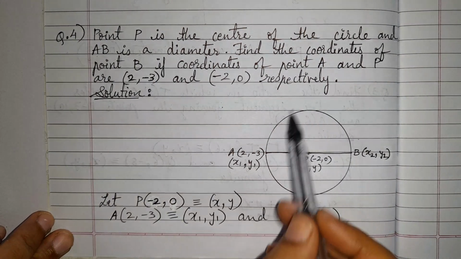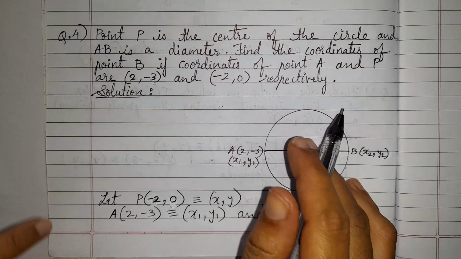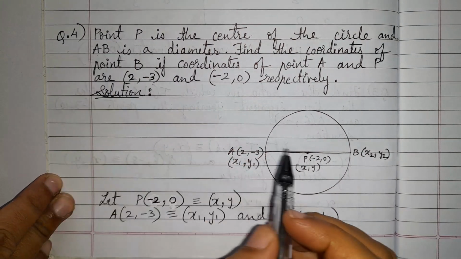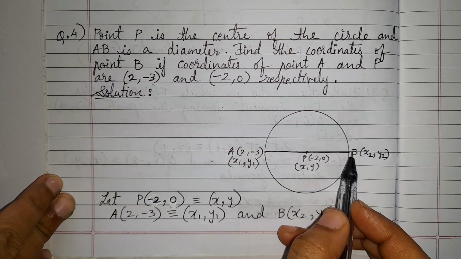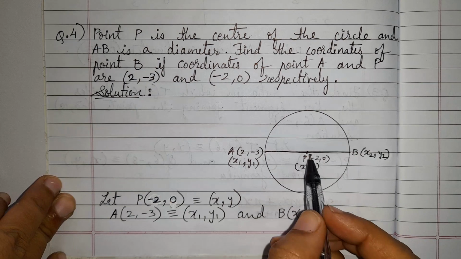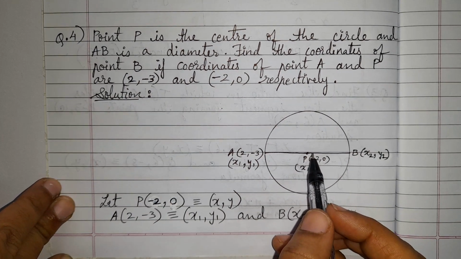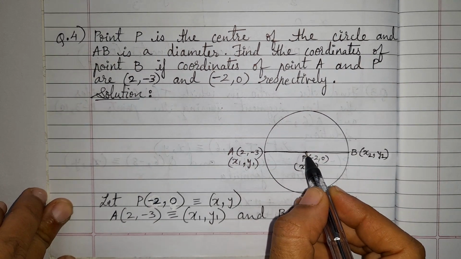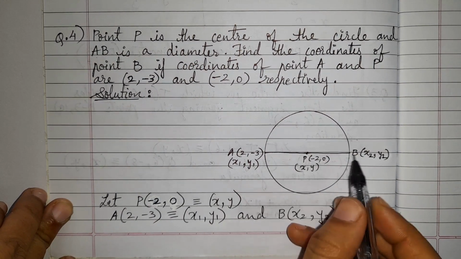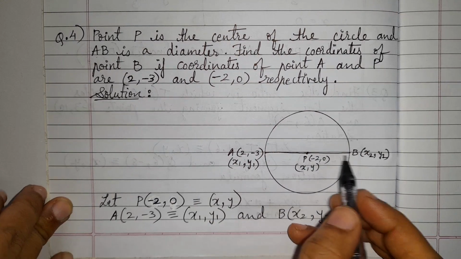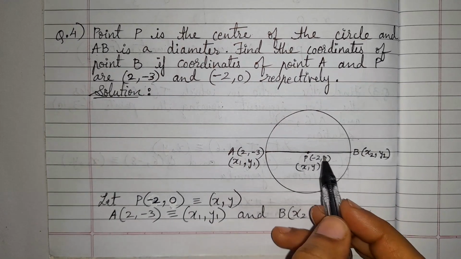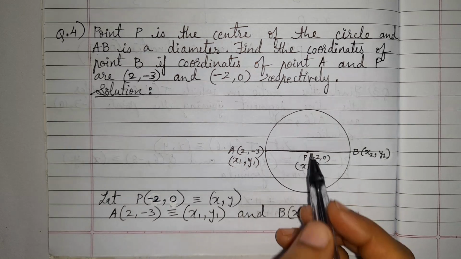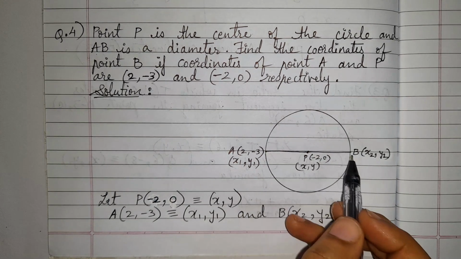Point A and B are the end points of the diameter and point P is the center of the circle, so point P is the midpoint of segment AB.